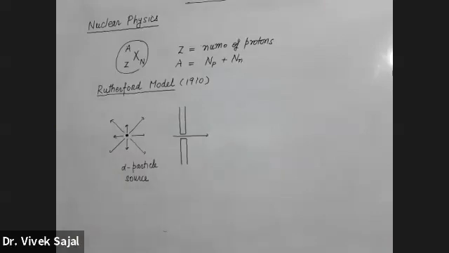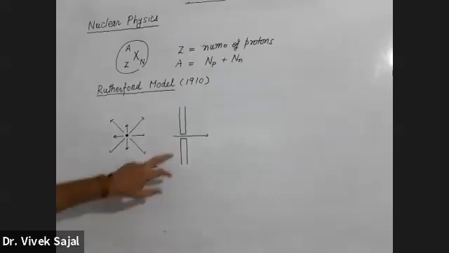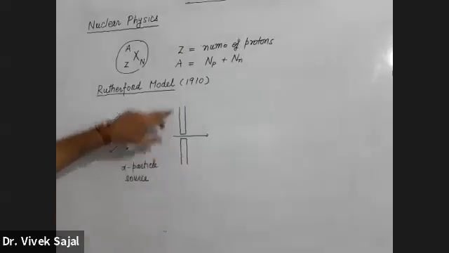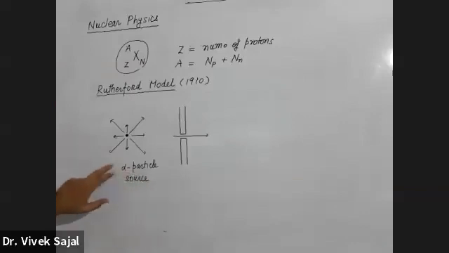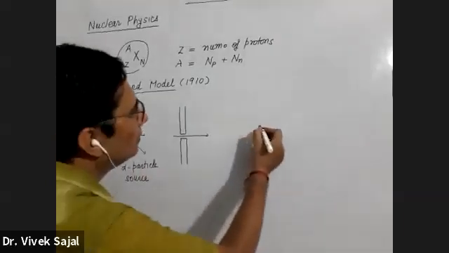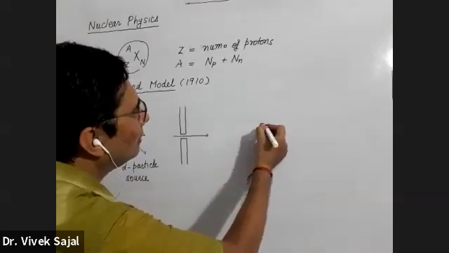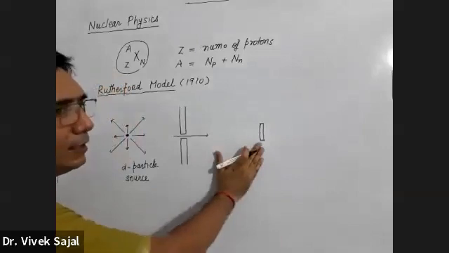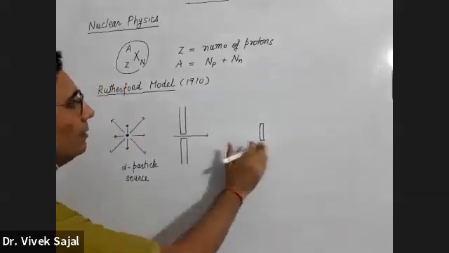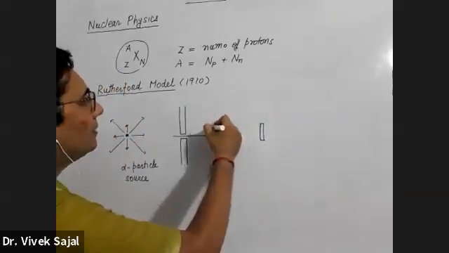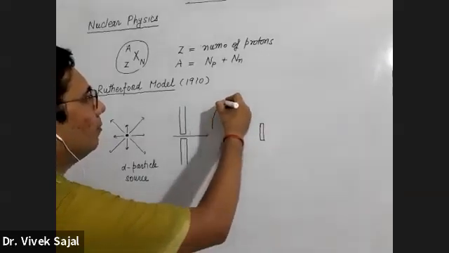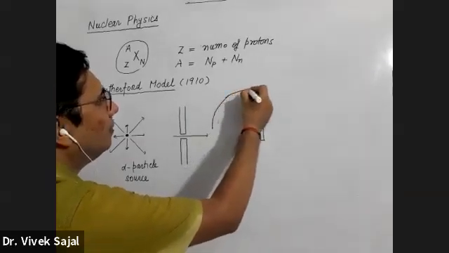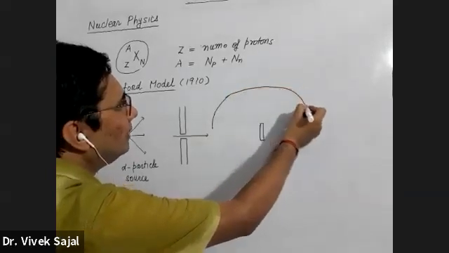This is the lead container, a part of the lead container which is surrounding this alpha particle source, and alpha particles are coming from here and striking here on a gold plate. This gold plate is surrounded by a fluorescent material film of ZnS, zinc sulfide.